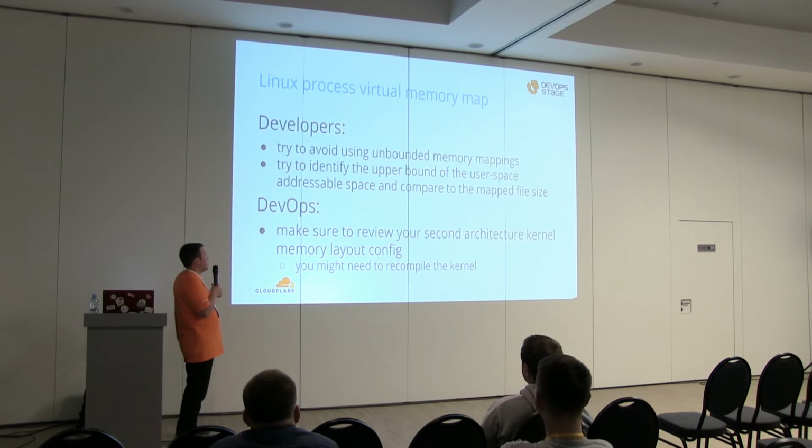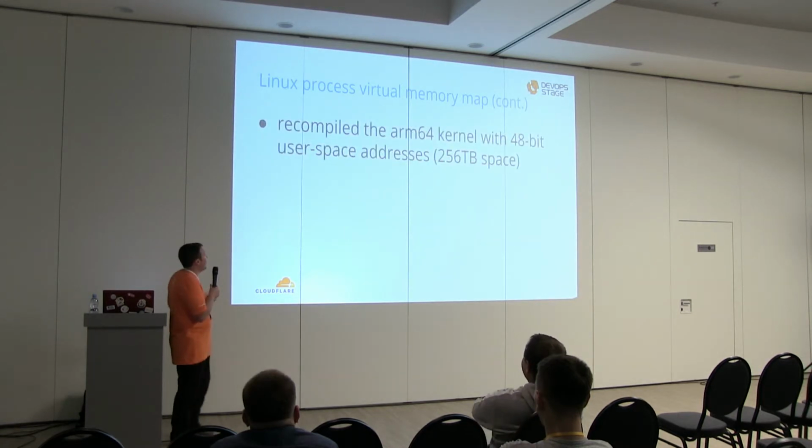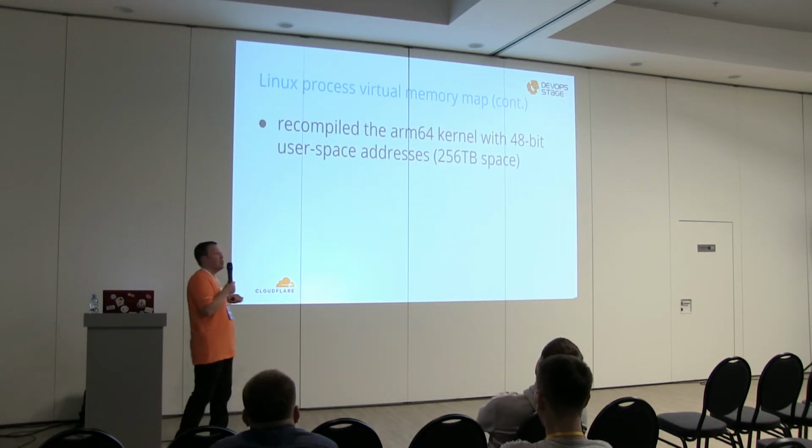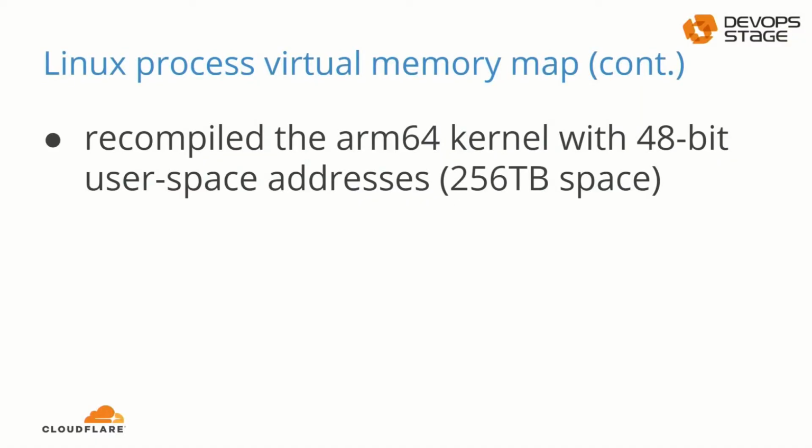For DevOps, we need to make sure to review your architecture's kernel memory layout configuration. And you might need to recompile the kernel for that, which we actually did. We chose a different memory layout for the ARM64 kernel, which provides us with 48 bits of user space addresses. And that gives us 256 terabytes of addressable space.